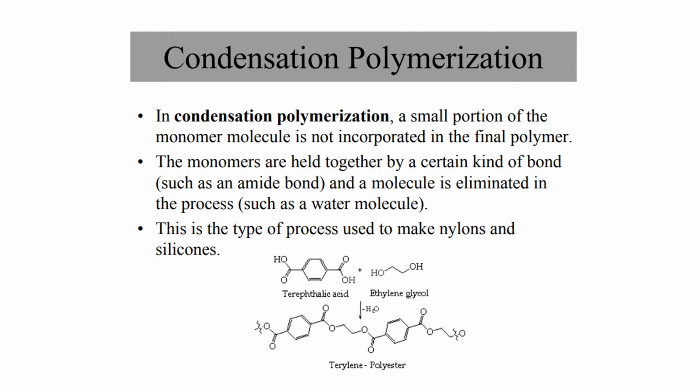So again, to go back to the example I gave you right at the start of the lecture here, the natural biopolymer, a protein, that reaction between the amine and the carboxylic acid yields a water molecule as well. So the two amino acids join, but there's also a water molecule that flies off the end of that reaction. And there we lose a small portion of the monomer molecule that is not incorporated into the final polymer.